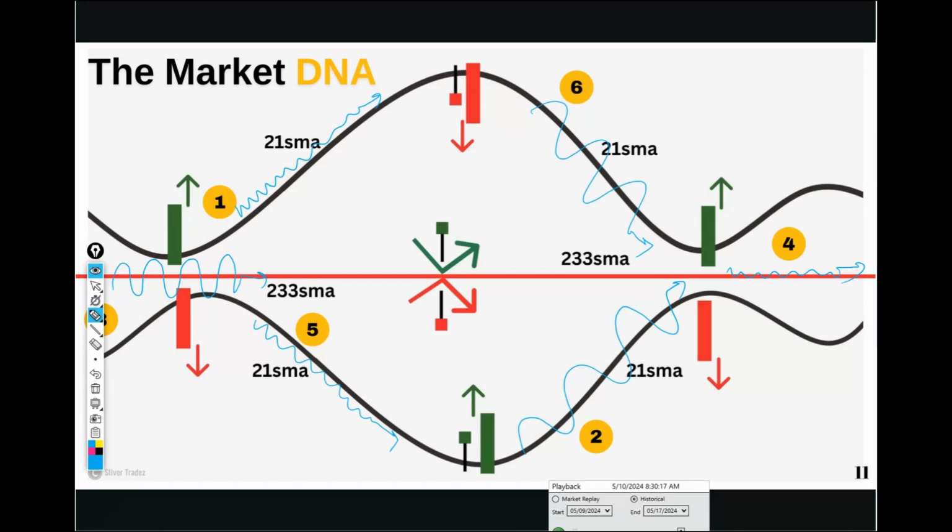Now, what I'm going to explain, in the free class I don't talk about these. There is a reason why these are here. This means the market is flat, trading in a narrow range.